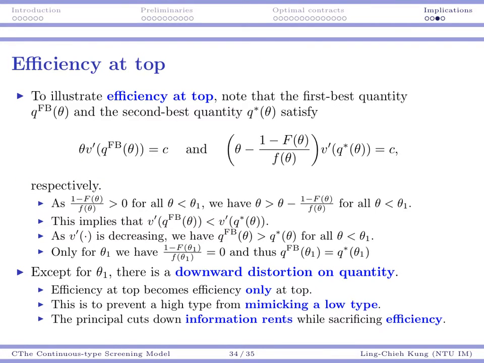And now, how about efficiency at top? What we want to show is that for the top type, the highest type, the quantity is efficient. So we need to first find the first best quantity, which is denoted as Q of FB, and the second best quantity, Q star. And here is the formula for Q star.